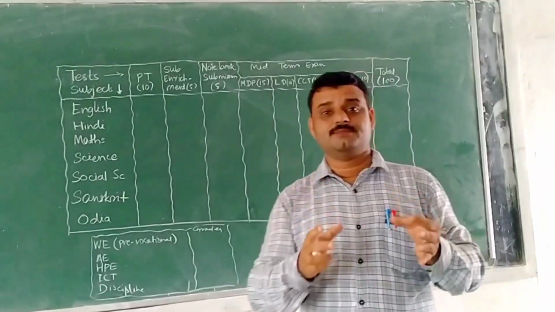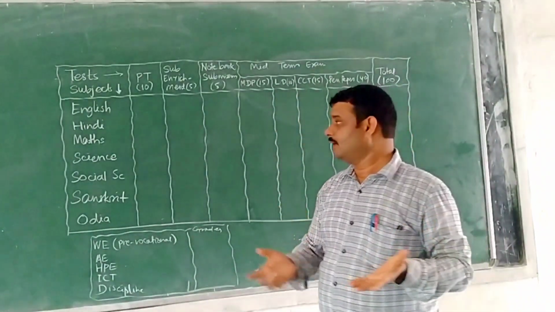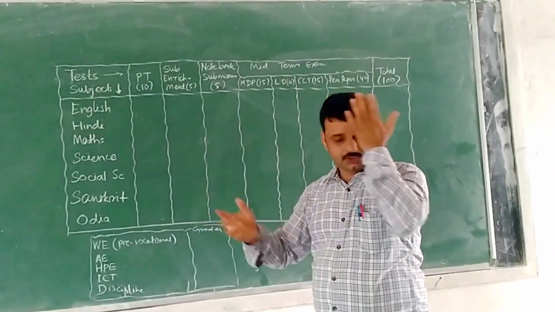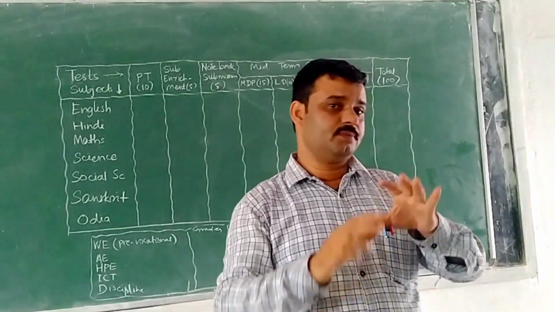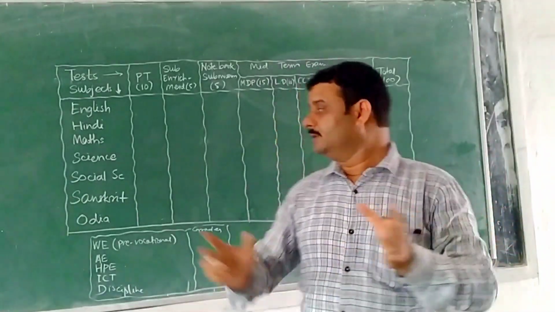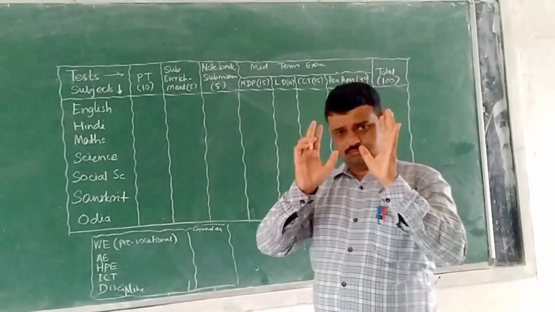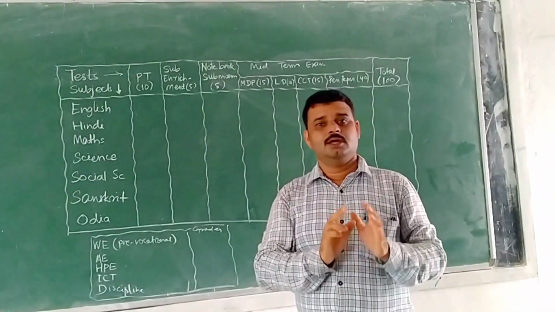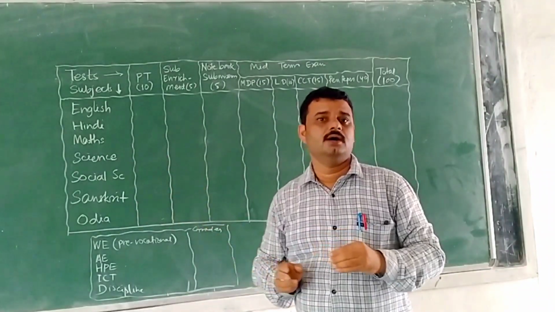Then types and shapes and designs of fruits, and the way they are served. In mathematics, the weight measurement, how much salt you need to add, how much sweetness you need to add, that may come under mathematics. In science, the nutrition part.